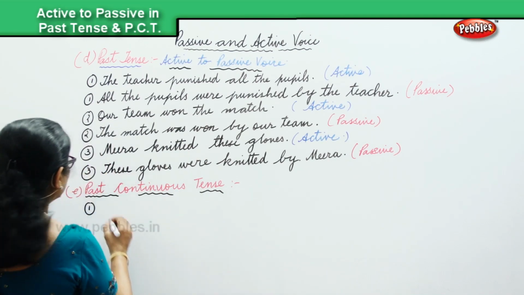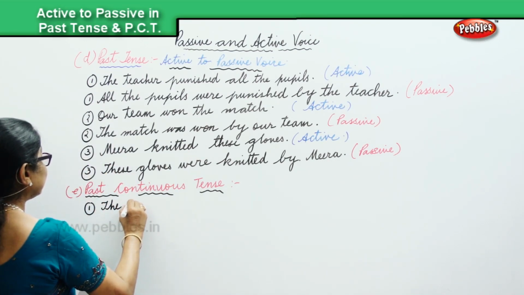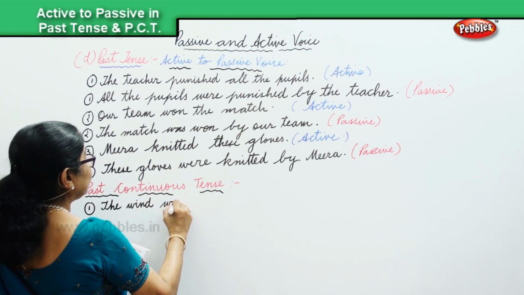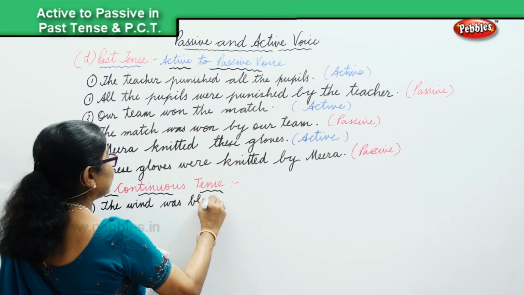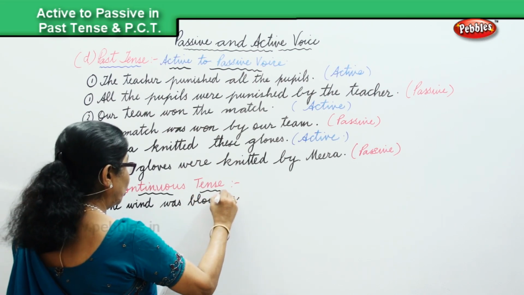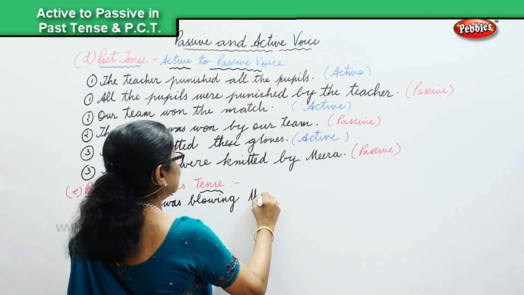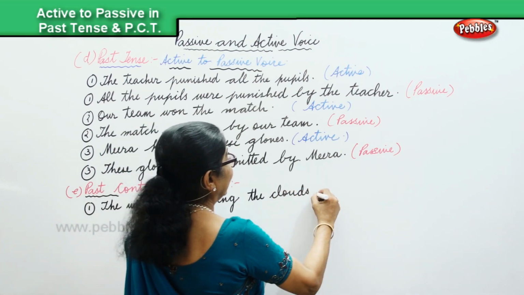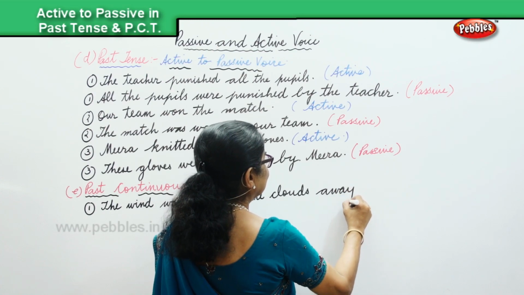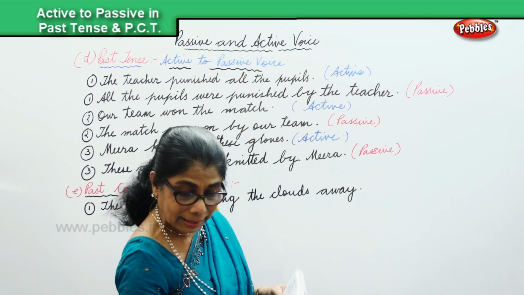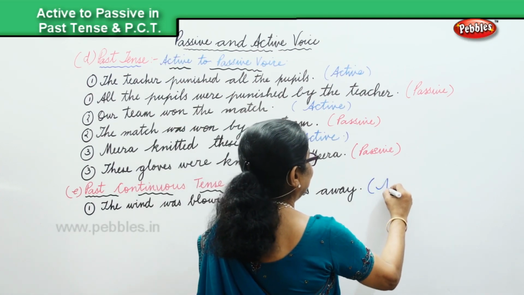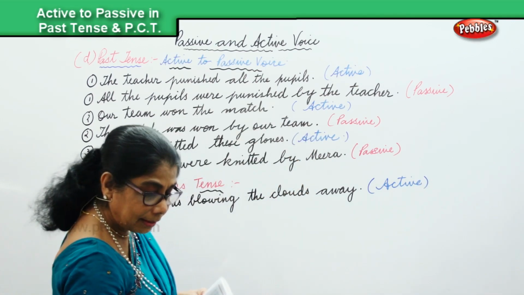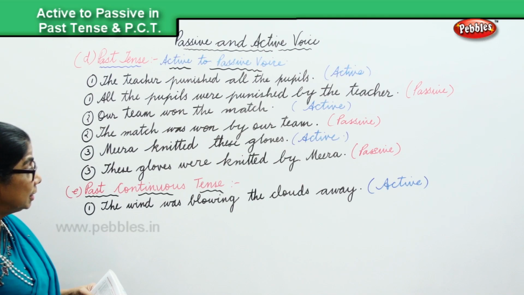The wind was blowing the clouds away. And that's the active. Now we have to change it into passive in the past continuous tense.